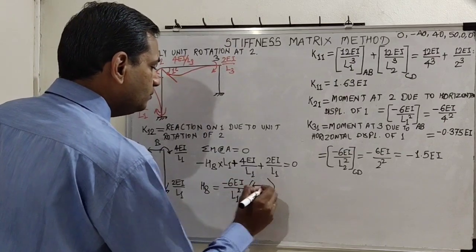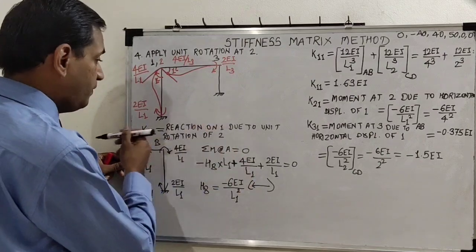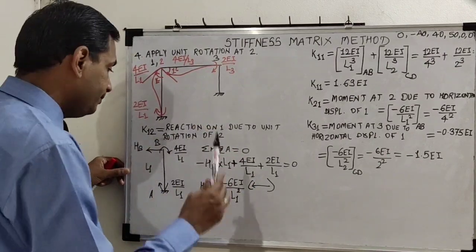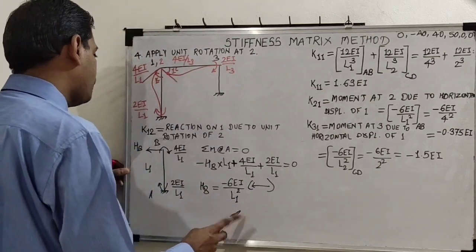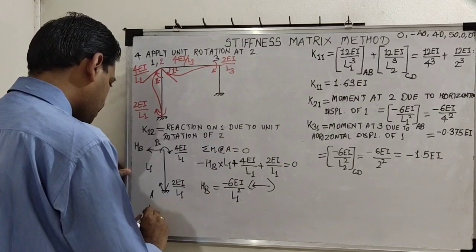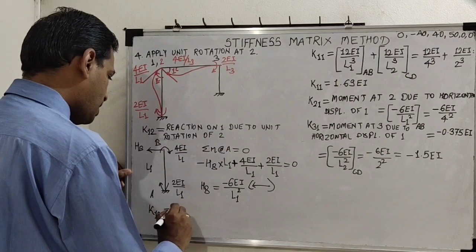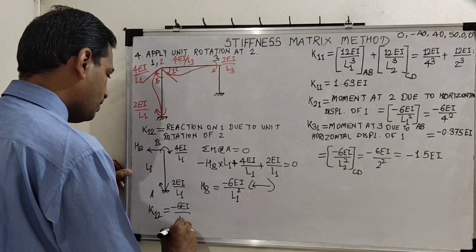Because direction of reaction is towards left. Hence I am keeping this minus. Please remember. So HB is minus 6EI upon L1 square. So this is K12. What is K12? Minus 6EI upon L1 square.